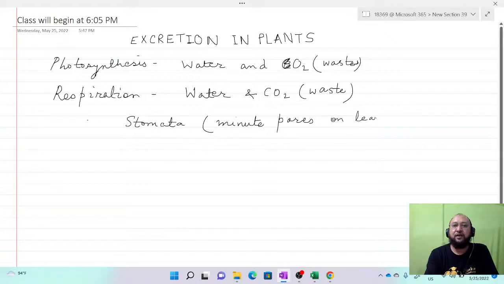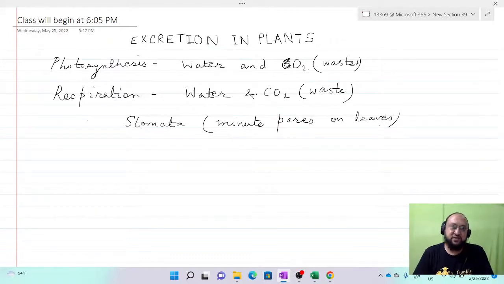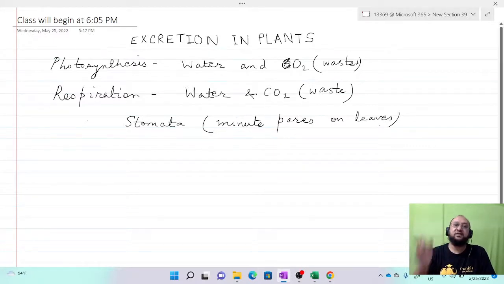Gaseous exchange takes place through them, when carbon dioxide is produced during respiration and oxygen is produced as waste during photosynthesis. So diffusion, or exchange of gases, takes place through stomata.